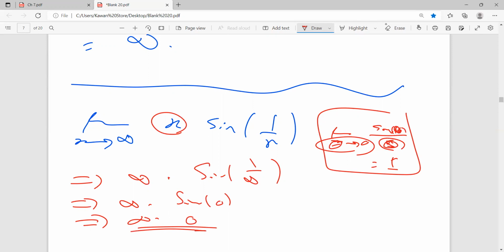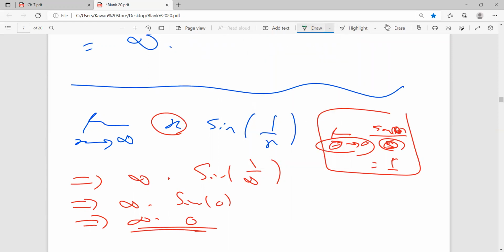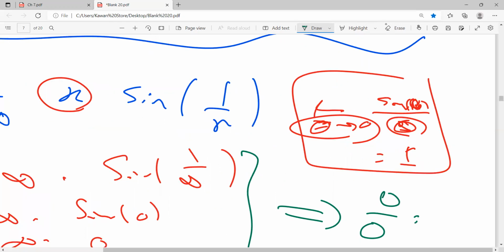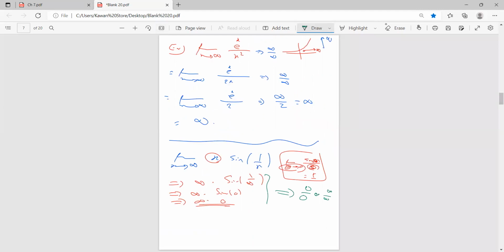So how do we change it? We try to transform those into 0 over 0 or infinity over infinity. That's your duty. So in case you have a second type, try to transform it to the first type.